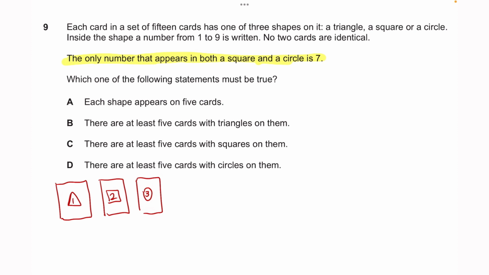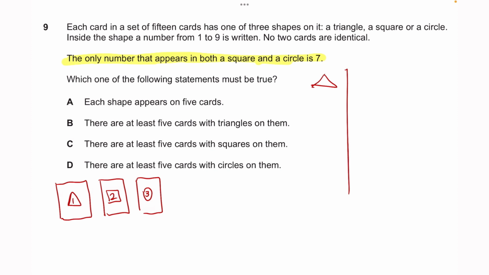Now, this is a bit of an assumption question, and it is tricky because we're kind of playing this by ear and assuming to be able to get to our answer. So what we know is that we have 3 different shapes, so we're going to draw this into a bit of a table format.